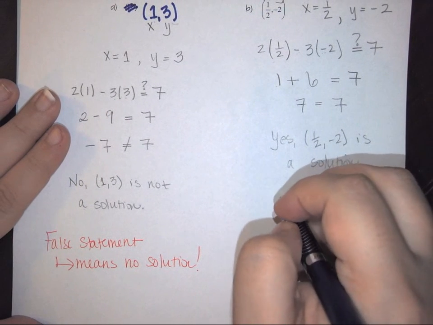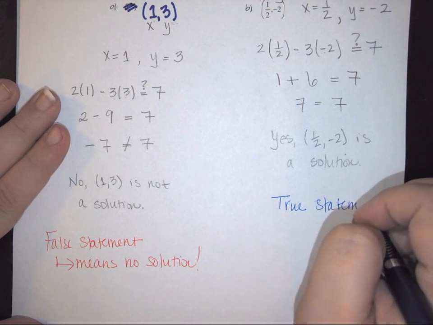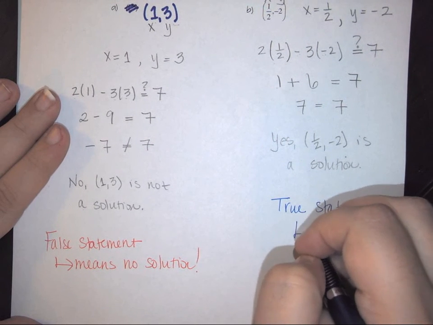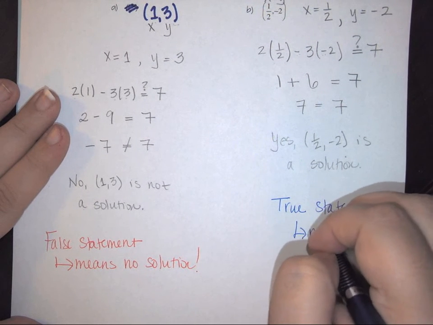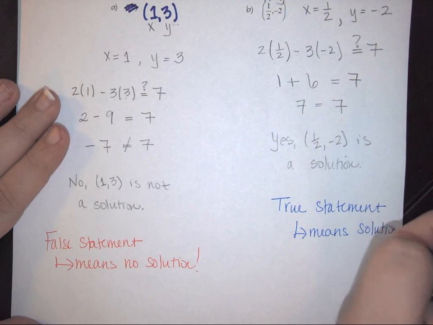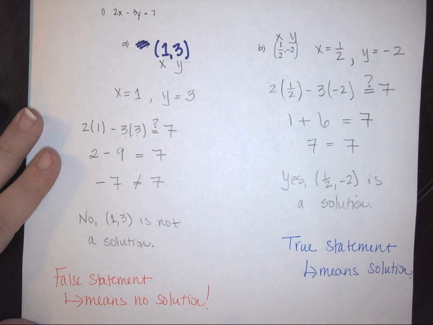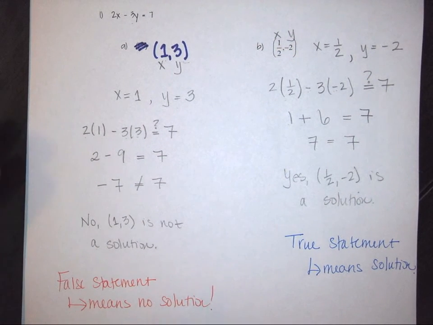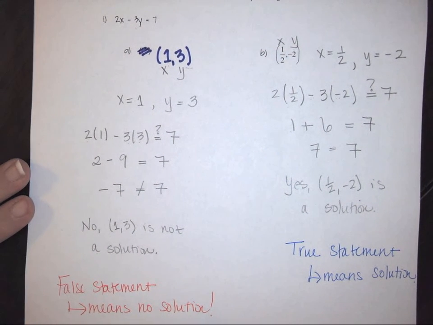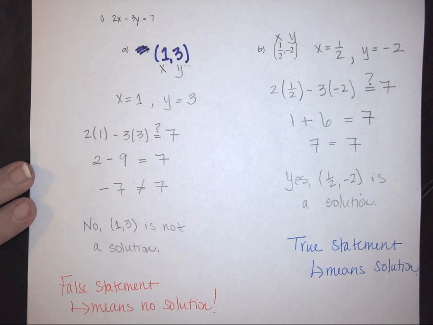However, if you have a true statement, then that means that you have a solution. Okay? And so there you go. That is what you need to know about being able to check and see if a coordinate point is a solution to a given equation.